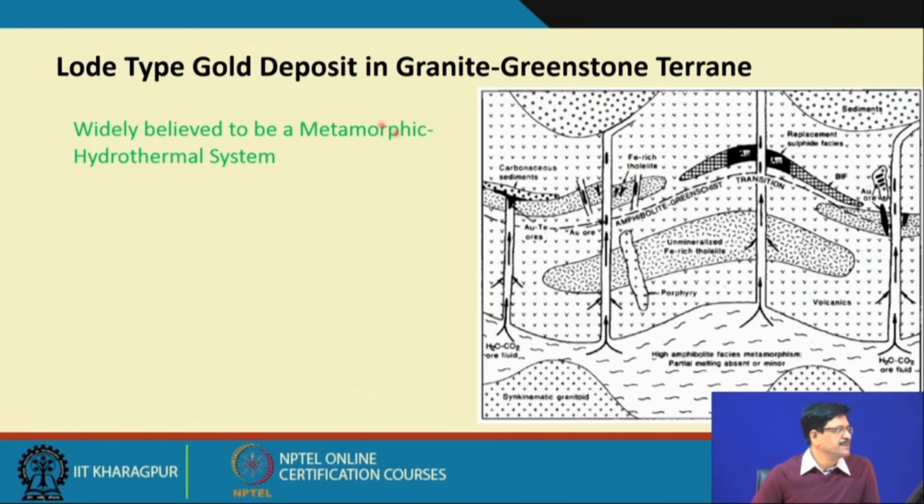These are widely believed to be a metamorphogenic hydrothermal system. So we will see these deposits and see the role of metamorphism in giving rise to such a hydrothermal system.